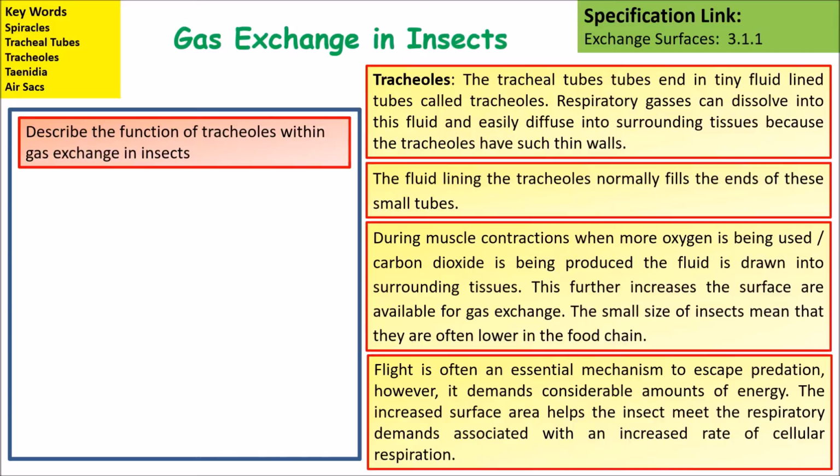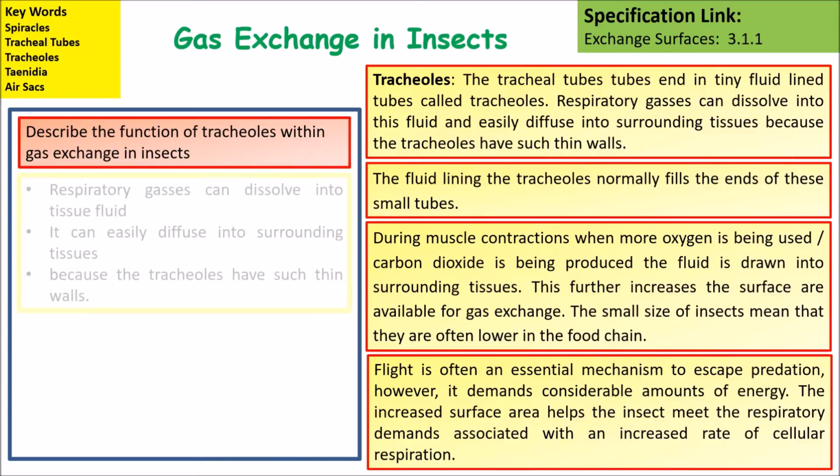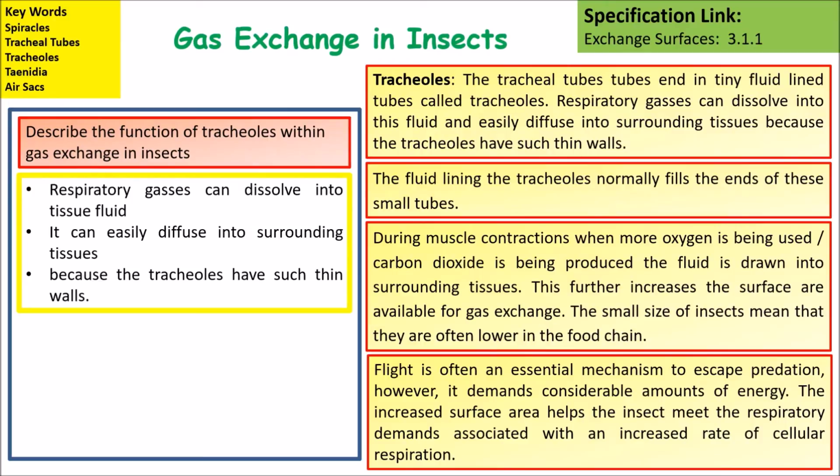If we're describing the function of the tracheoles in insect gas exchange, key things to think about are that respiratory gases can dissolve into the tissue fluid and easily diffuse into the surrounding tissues, and because the tracheoles have such thin walls, that reduces the diffusion distance.